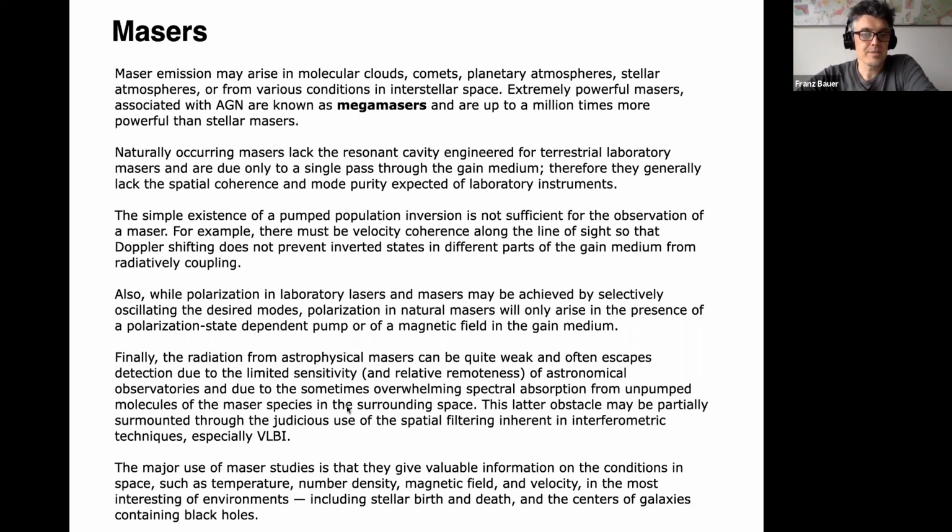Okay, so generally speaking, what is useful about them is, if you have sufficient sensitivity to detect them, you might see that they have some velocity structure.